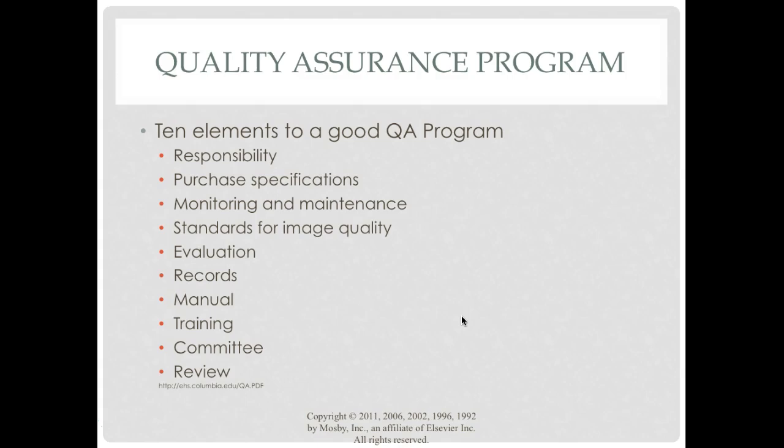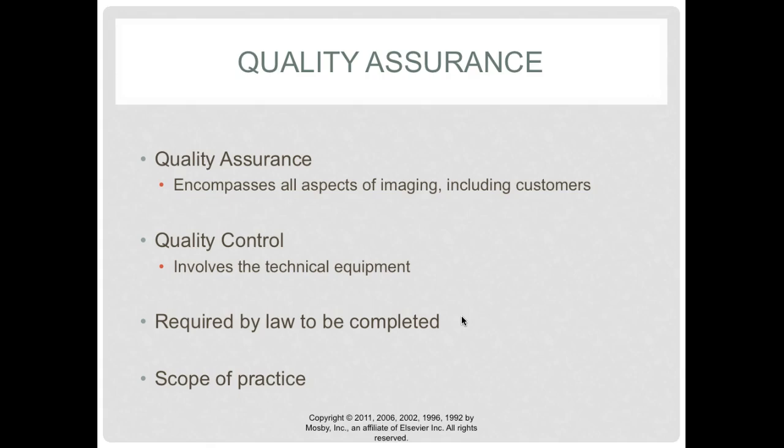We look at the standards for the image quality. We look at evaluations, records, manual techniques. We do trainings. We also do manuals, policy manuals, lots of trainings. There's committees, and the big thing is to review the results and share the results with the staff.